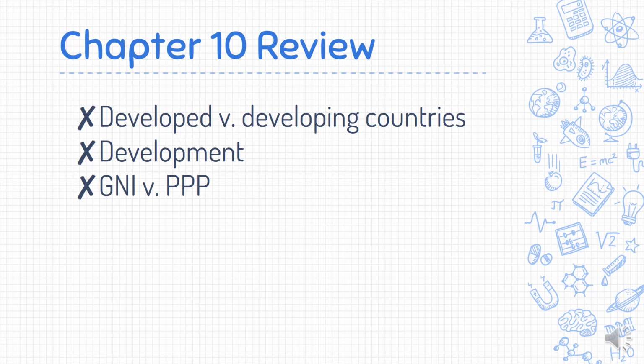Purchasing power parity, sometimes in order to determine development, they will use purchasing power parity and compare that with the GNI to determine differences between countries and the cost of goods. So I think the example we gave in class was, let's say England and France have the same GNI, but it costs a lot more money to buy food in England than it does in France, then France would be more developed.